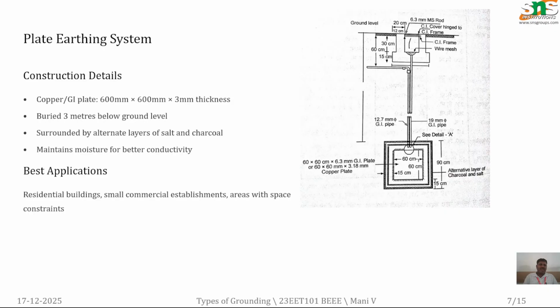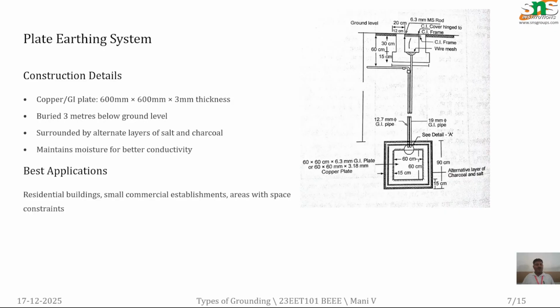We can use either a copper or galvanized iron plate, with dimensions of 600 mm by 600 mm in length and 3 mm thickness. It will be buried 3 meters below the ground level.